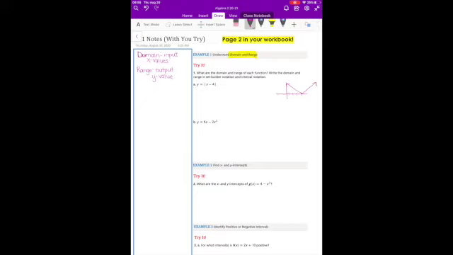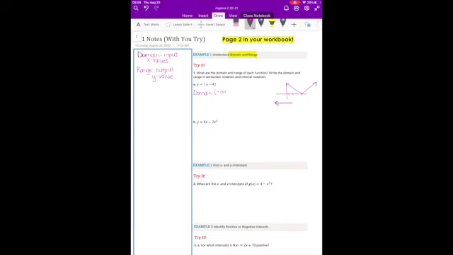And domain is how wide is it? So where does the graph start? Remember, the arrow means it goes on forever to the left. So it's going this way forever. We call that negative infinity. Forever and ever and ever.